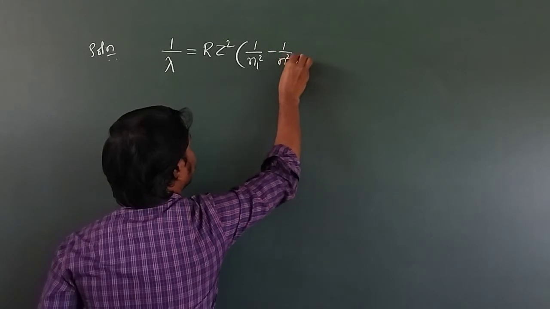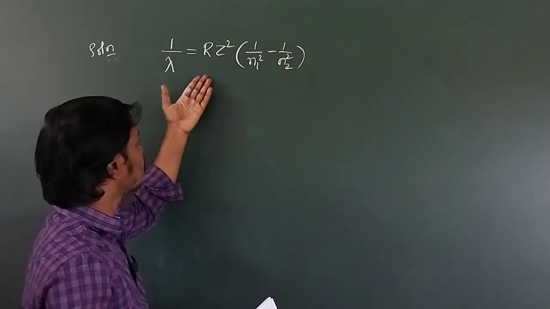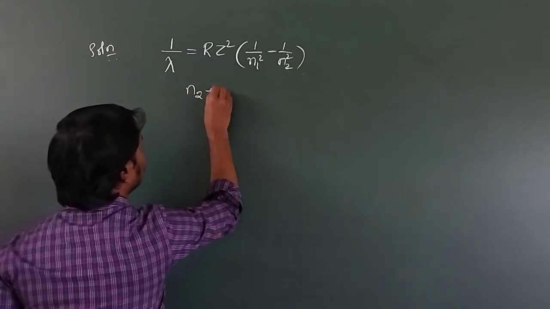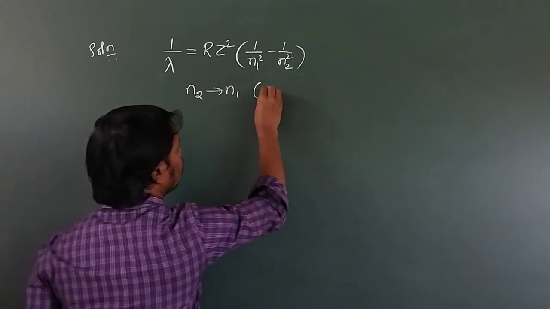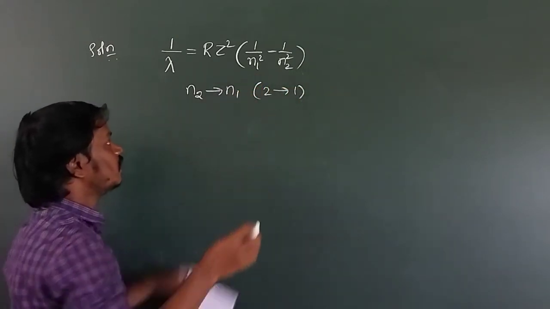For the first line, the transition must be from 2 to 1 because it is which series? This is Lyman series. Hence the transition is from 2 to 1. So let us substitute n1 and n2 values in this equation.